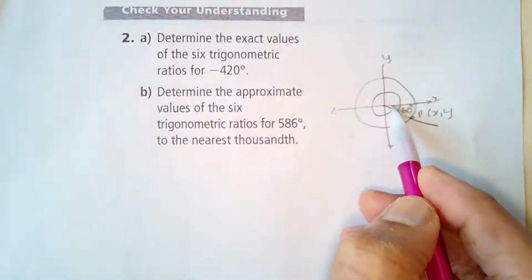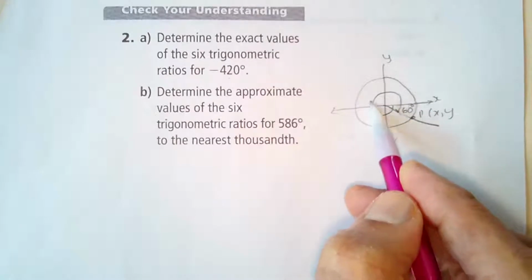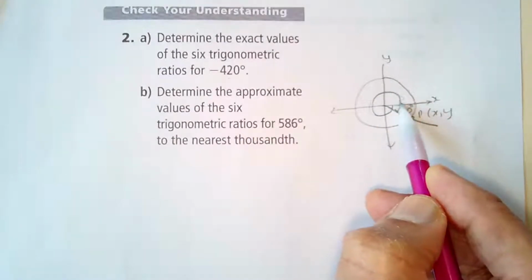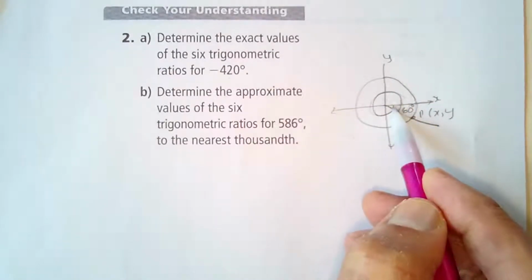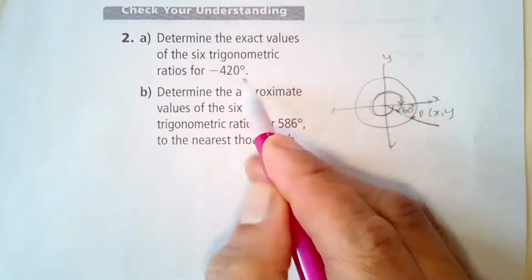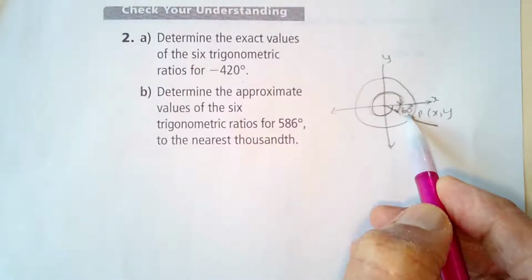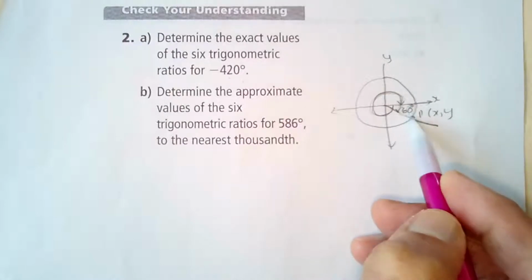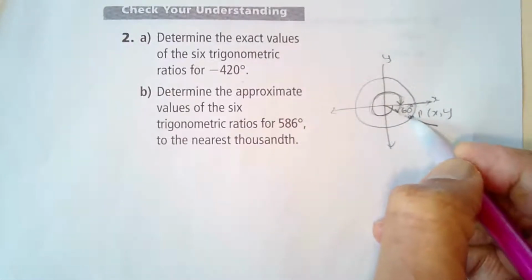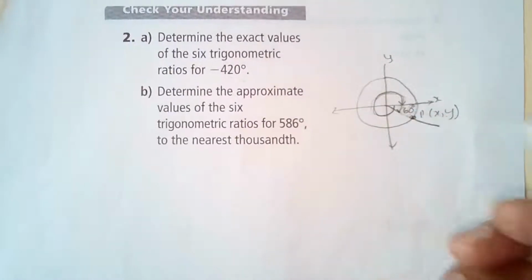So I start, remember, negative going clockwise direction. So you go 360 degrees around here, so that's 360, and then you continue to 420. So your reference angle, in this case, is 60 degrees. So terminal point is here, P(x, y). The reference angle is 60 degrees.